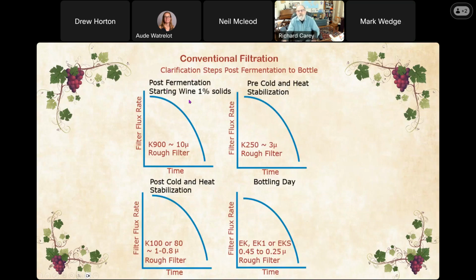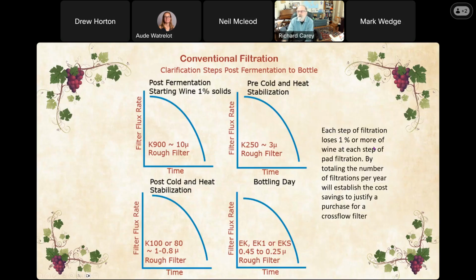But you also have to understand that with pads, you start with 1% solids, and there is some wine that is trapped in each one of these filtration levels. So that is really lost wine that you don't have when you get into crossflow filtration. It's quite a bit reduced, let's put it that way.